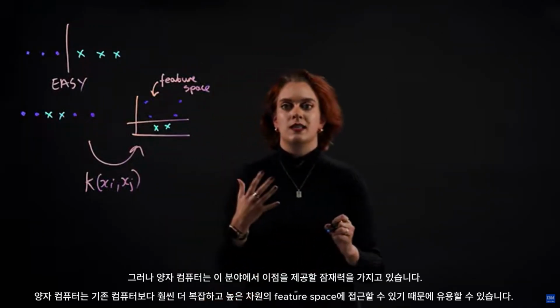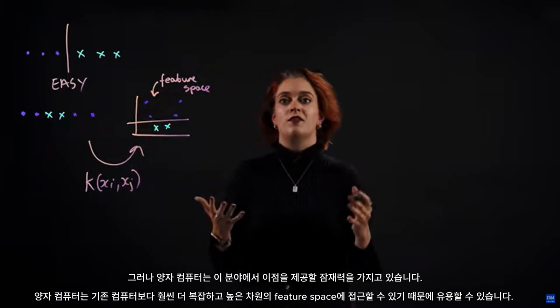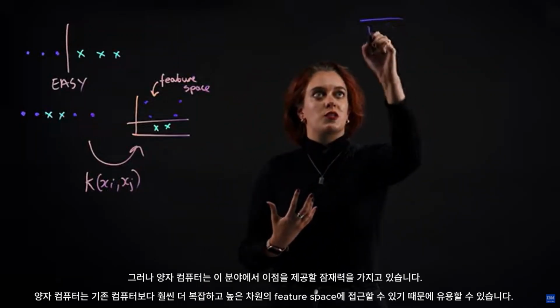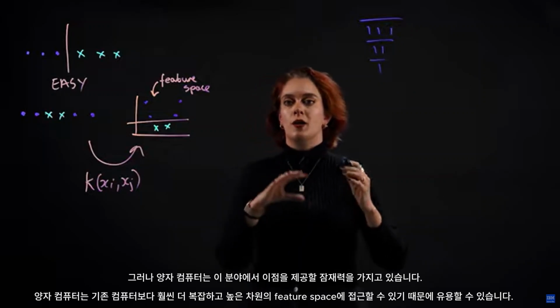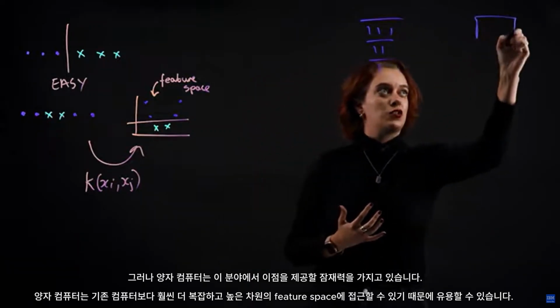But quantum computers have the potential to provide an advantage in this space. They can be useful because quantum computers can access much more complex and higher dimensional feature spaces than their classical counterparts can.